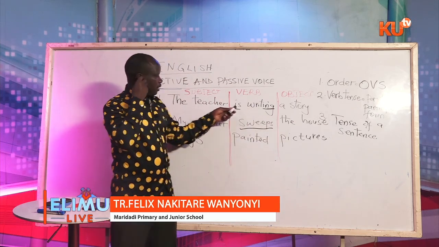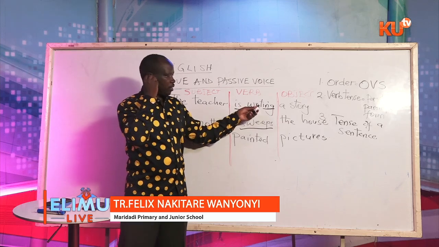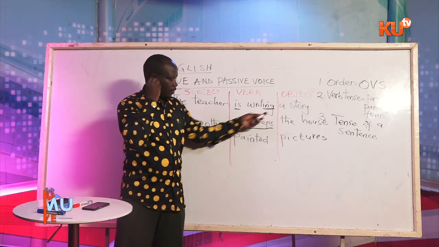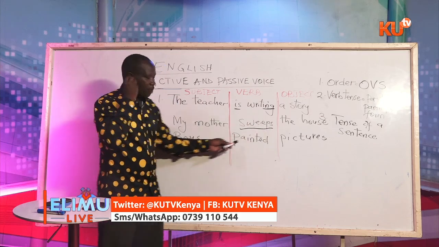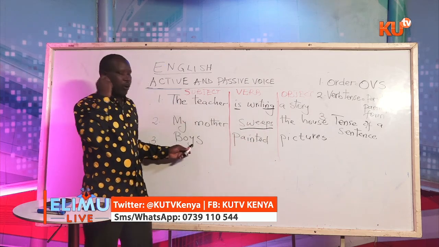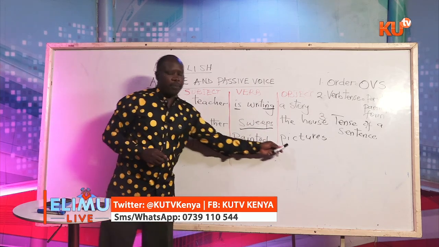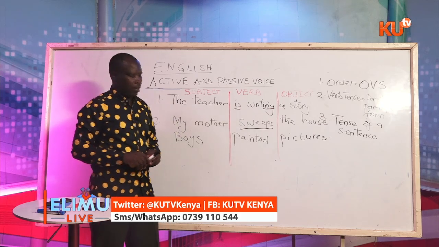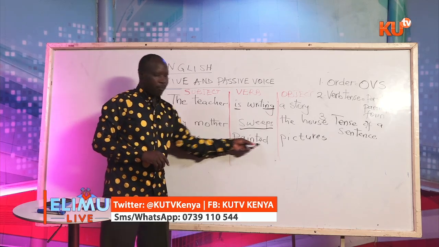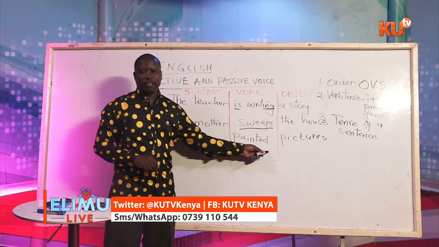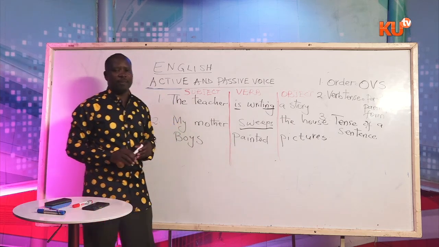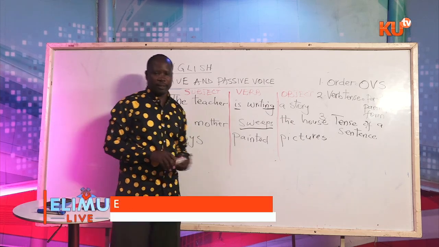So we can see this one is present continuous because of ing. This is present simple. What about number 3? Boys painted pictures. We also look at our verb, our action. Painted shows that our sentence is in past simple tense.